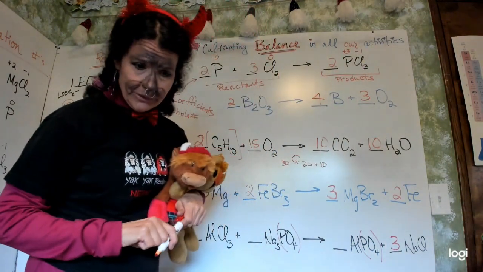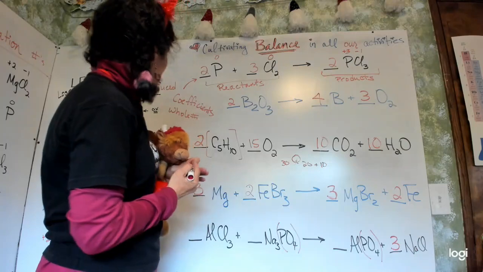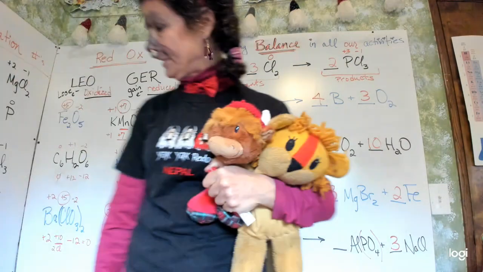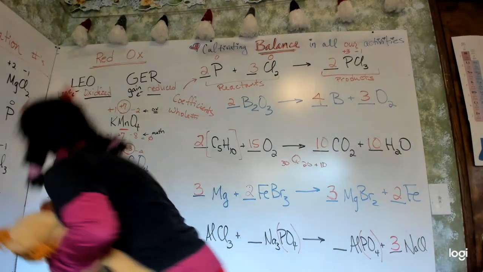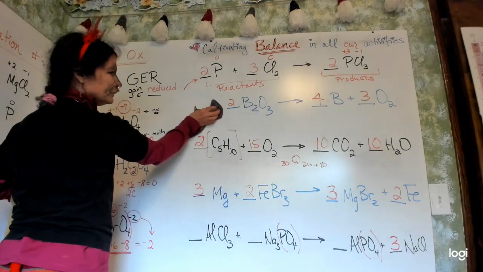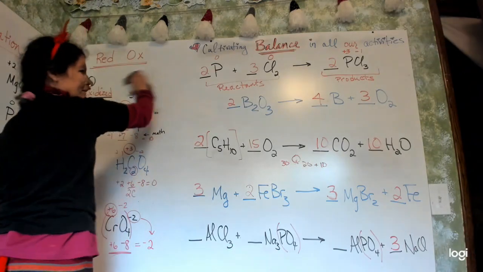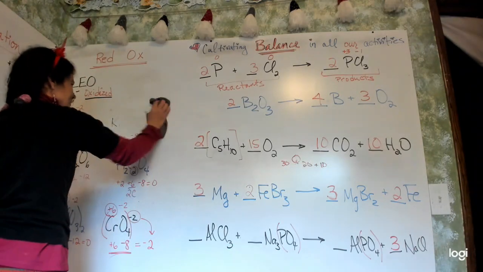So what are we going to do with this now? We're going to do something called LEO GER. And I have to make myself more space, so we're going to erase a few of our notes. I'm videotaping.